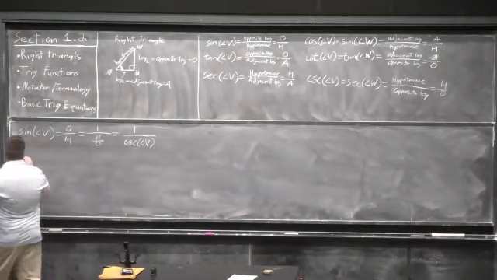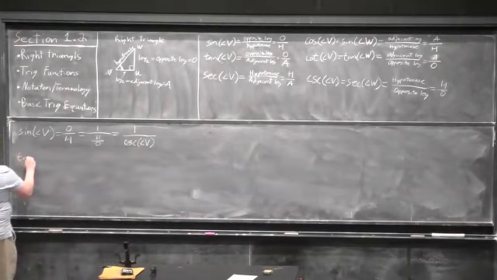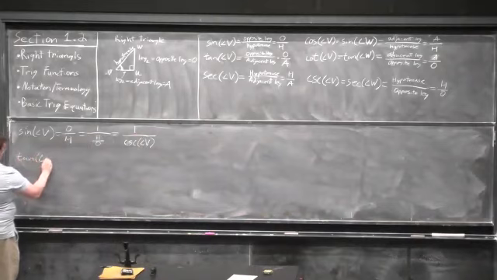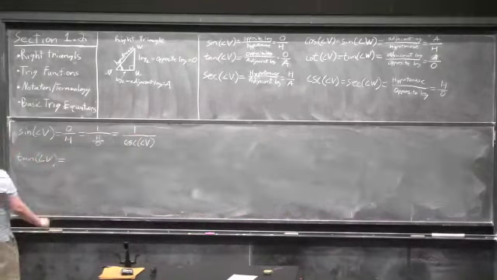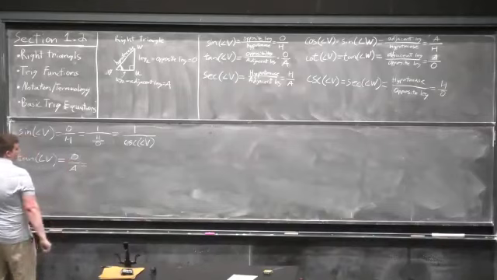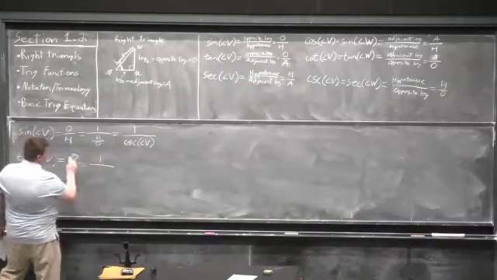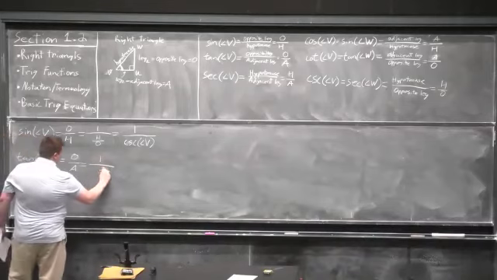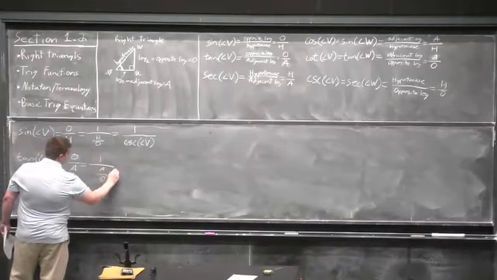If I had tangent of angle V, I have opposite over adjacent, which is equal to 1 divided by the reciprocal. So that's adjacent over opposite.